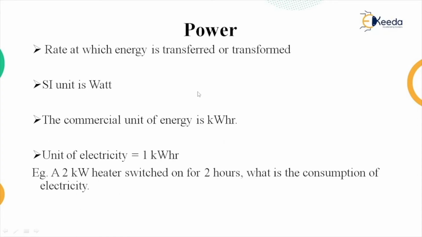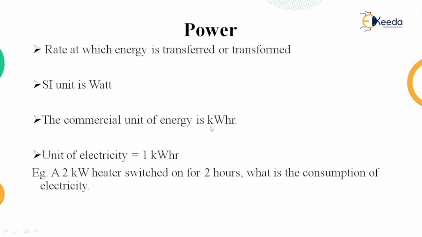Then power is the rate at which energy is transferred or transformed. Means in a particular time how much energy is utilized, that is called the power. SI unit is watt. The commercial unit of energy is kilowatt hour.